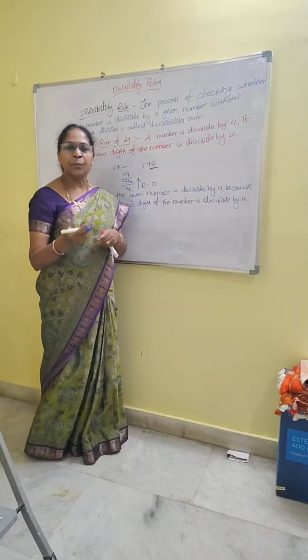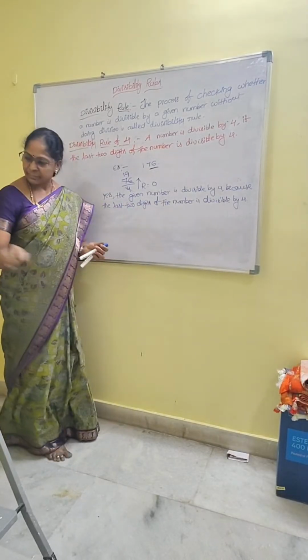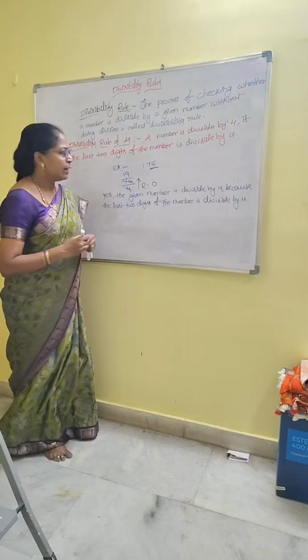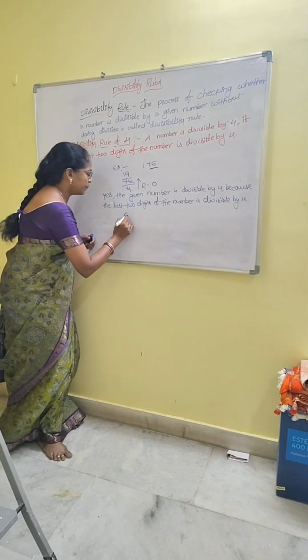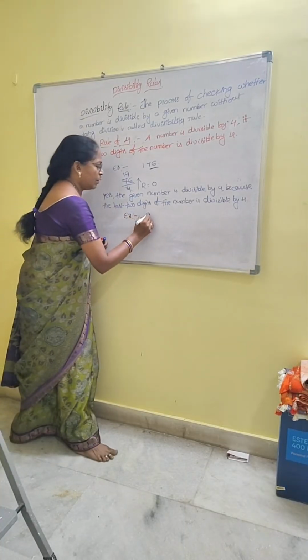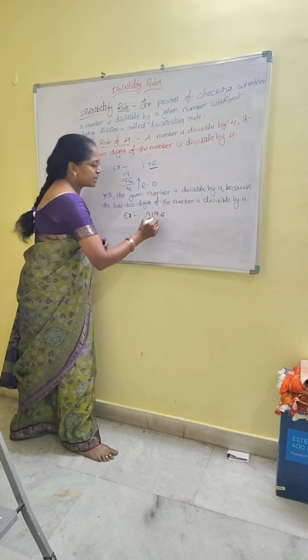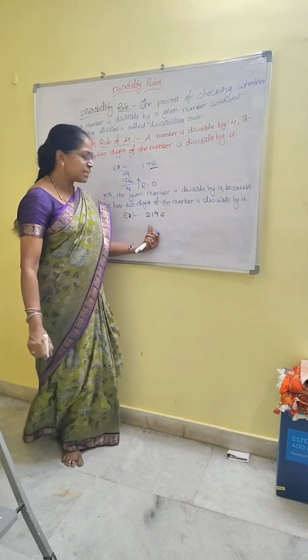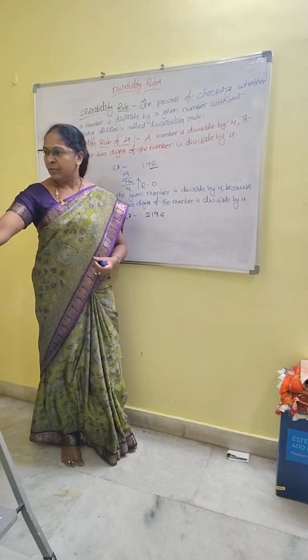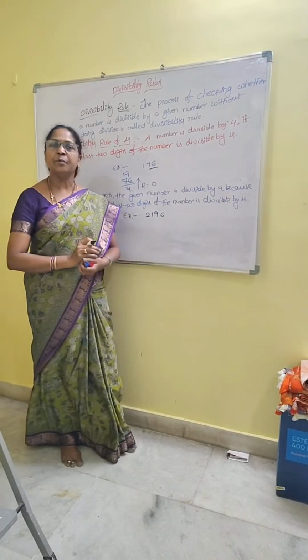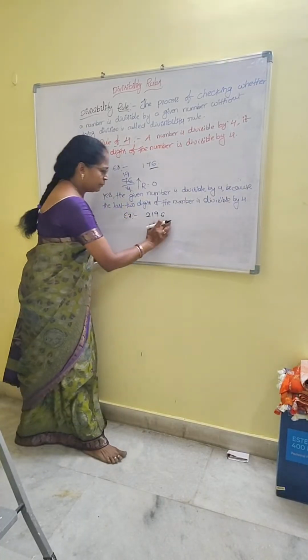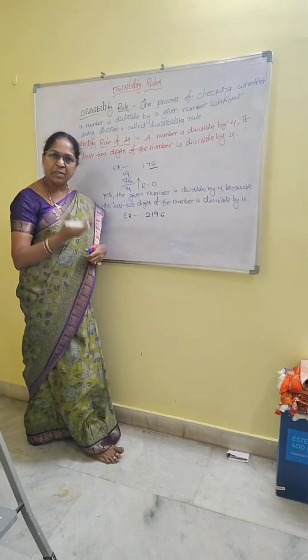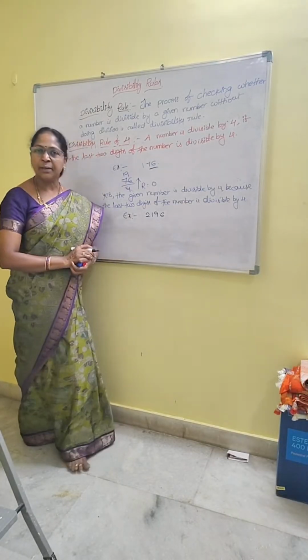Let us see one more example. For example, 2196. Let us consider this 4-digit number. Here 2196 is the 4-digit number. Now, to check if this number is divisible by 4, what do we have to do?